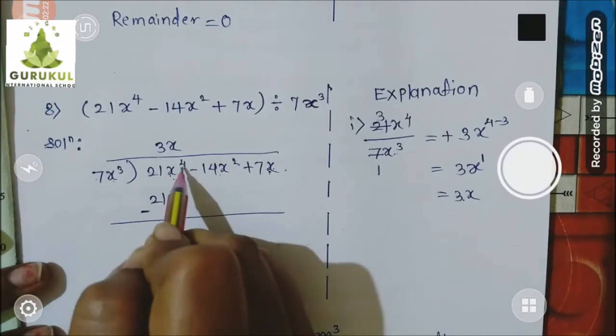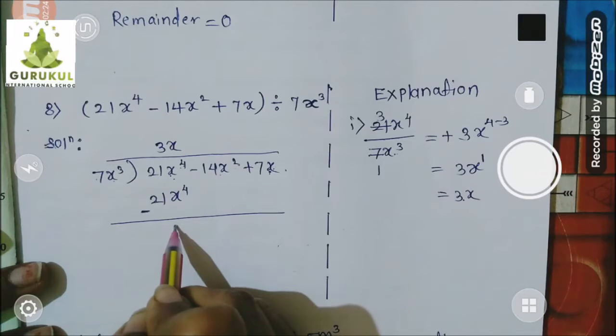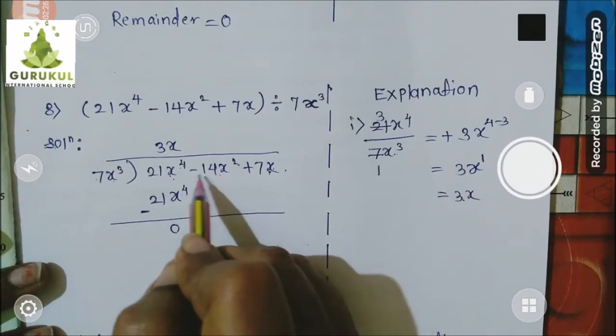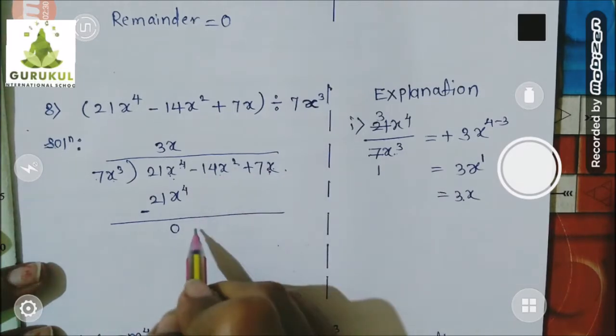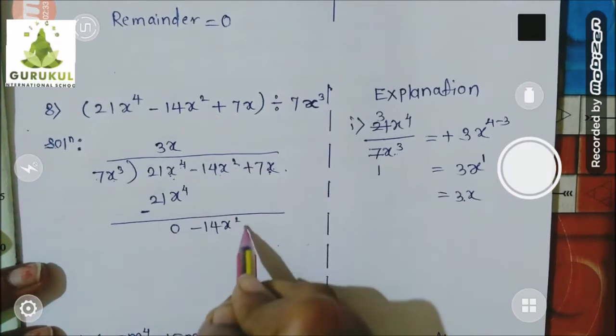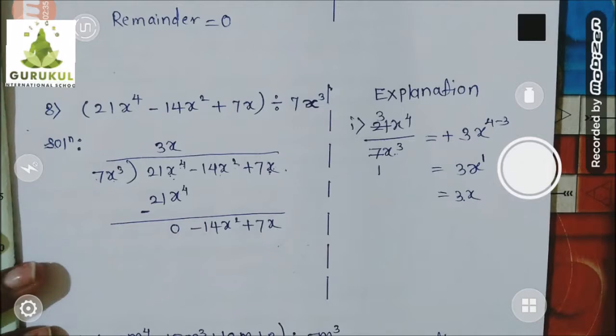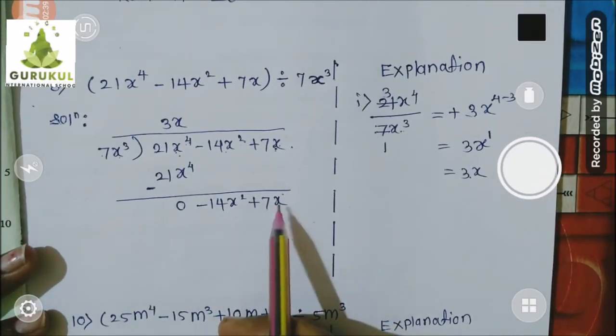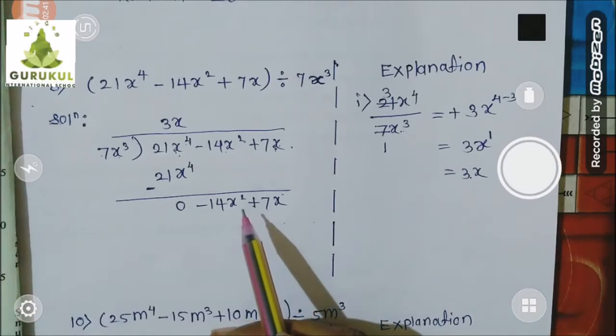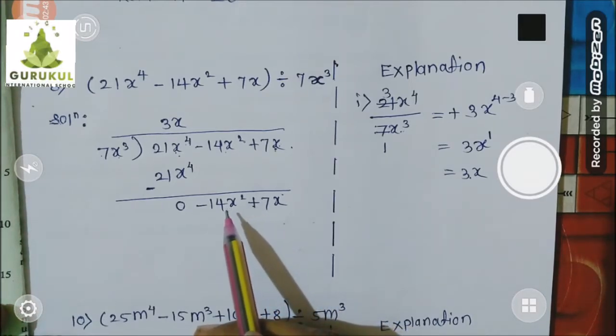So this becomes plus 21x raised to 4 minus 21x raised to 4, 0. Now the remaining part you have to copy down. This we have not divided. Let's copy this part: minus 14x square plus 7x. So in the second step actually we have to divide this. Okay. But here children, it is a little different example.